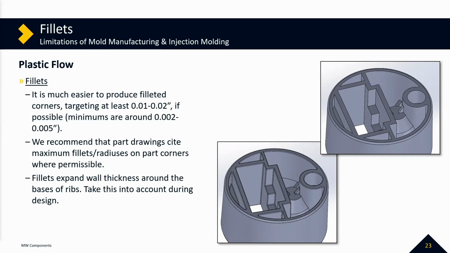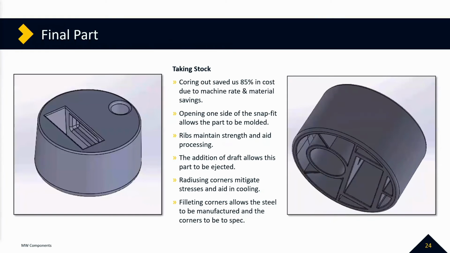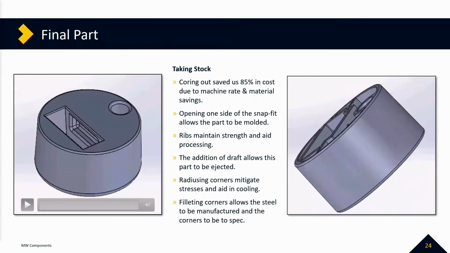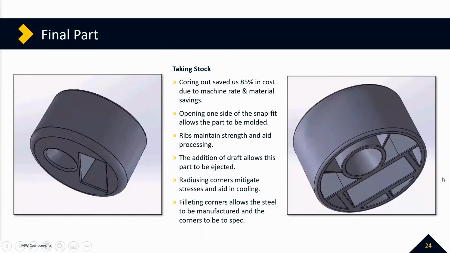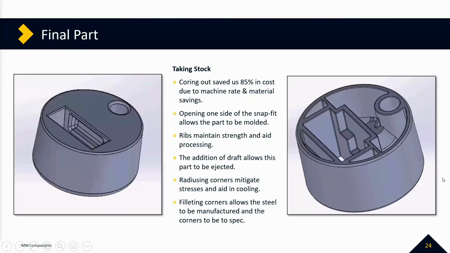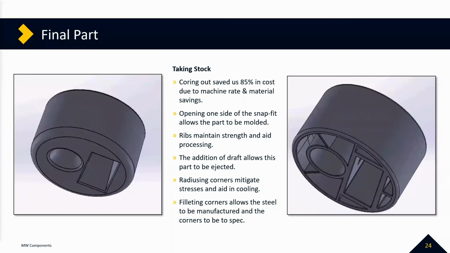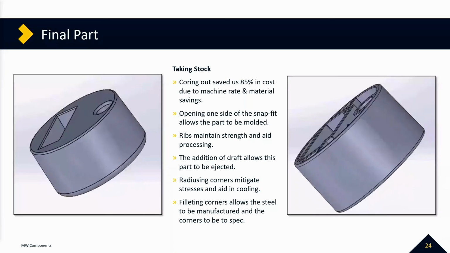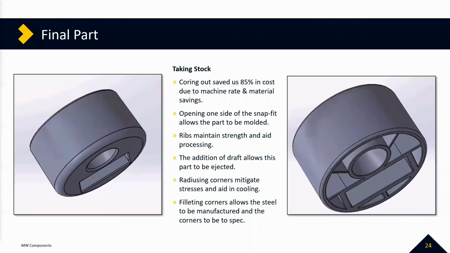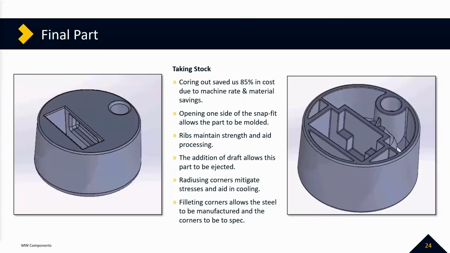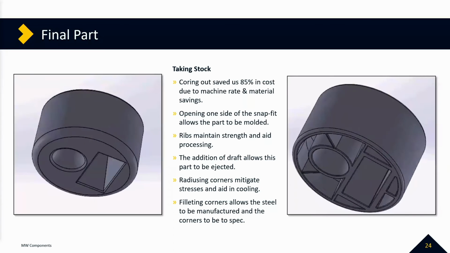And so let's take a look. What's our final part look like? All right, this little guy should have started. Wonderful. All right, so overall, the coring out saved us 85% in cost due to machine rate and material savings. Opening one side of the snap fit allows the part to actually be molded.